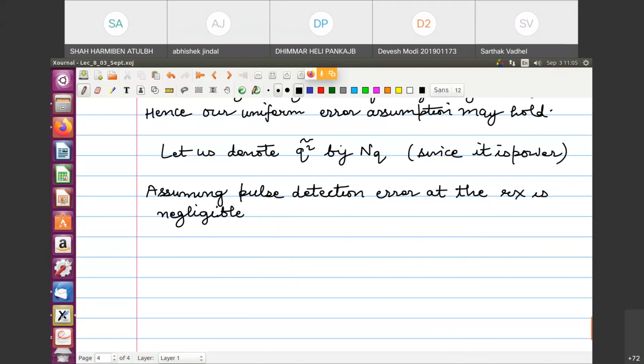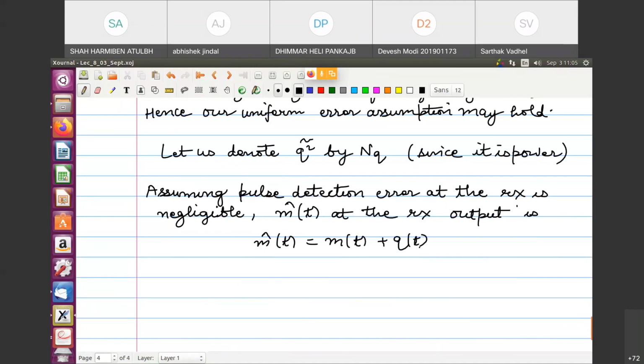It is not put up by the wire over which the signal is moving. This pulse detection error or the problem with the level of the pulses or distortion in the pulses is caused by the medium over which the signal is moving. So assuming pulse detection error at the receiver is negligible, we can say that M cap T, the reconstructed waveform at the receiver output, is nothing but M of T with the addition of the quantization noise. Okay, that is clear.